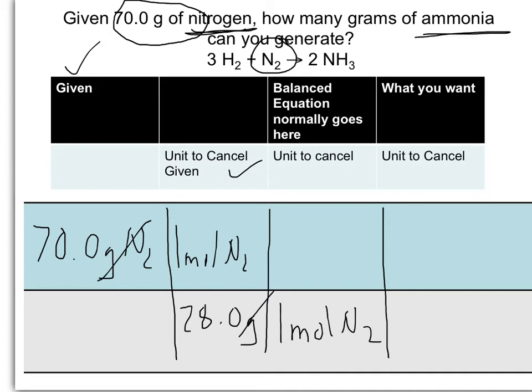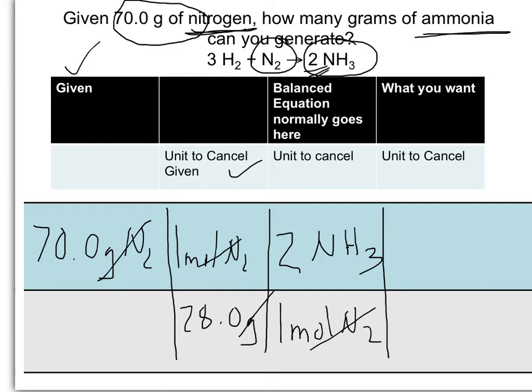And then I'm going to ammonia, and that's here. So I'm going to have NH3. Now if you notice, there's a 2 in front of the NH3, so I'm going to put a 2 there. So now I can cancel out moles of nitrogen, and now I'm in NH3.